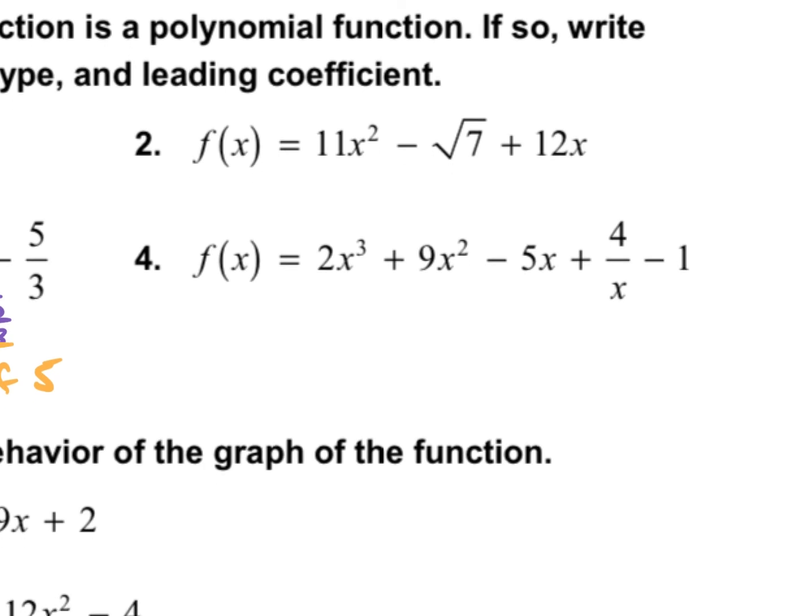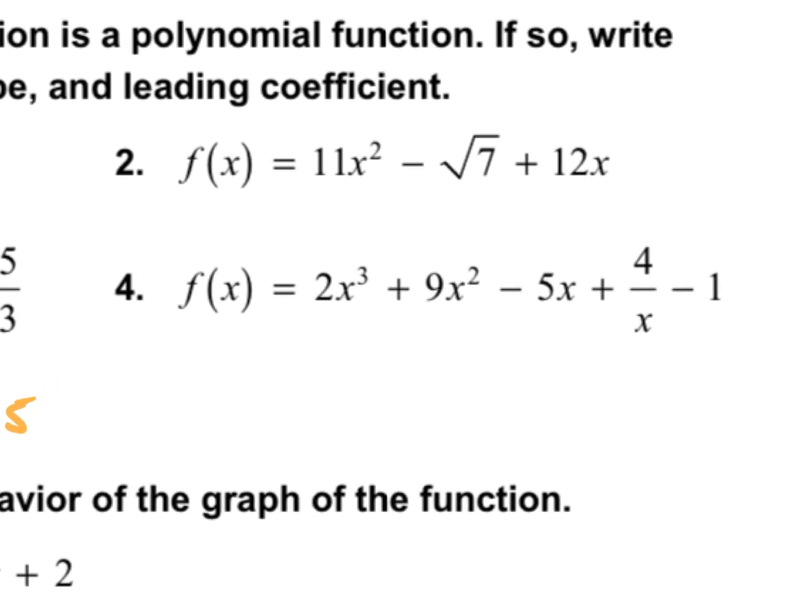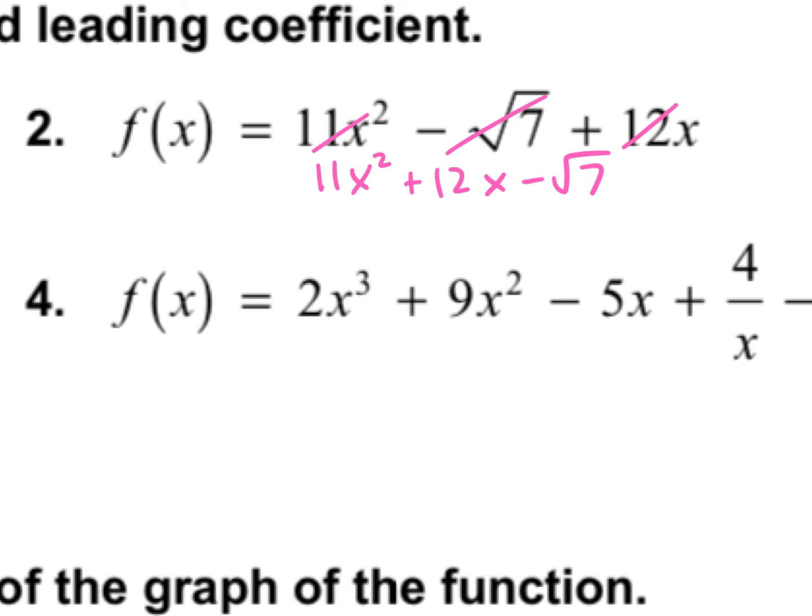For number 2, is this a polynomial? Yes, what would come first? 11x squared. Then we have plus 12x minus square root 7. How would I classify this by degree? So my highest degree is 2. What do I call something with the highest degree of 2?